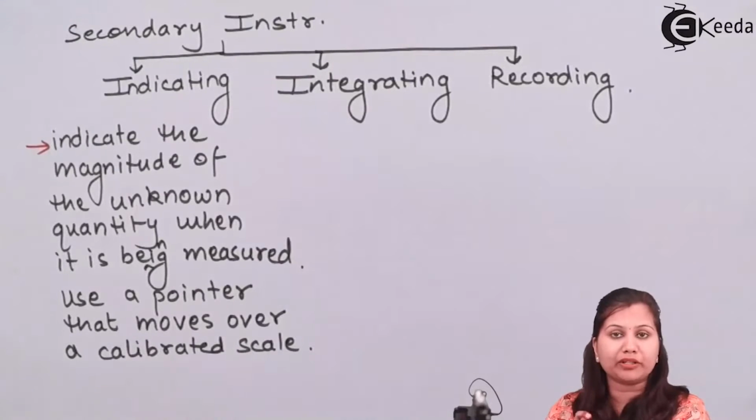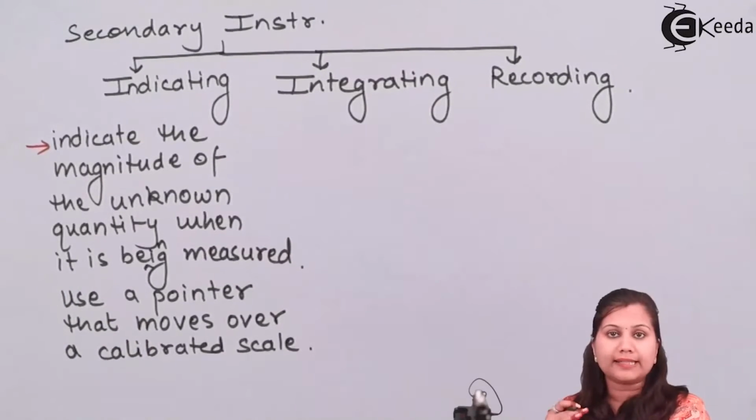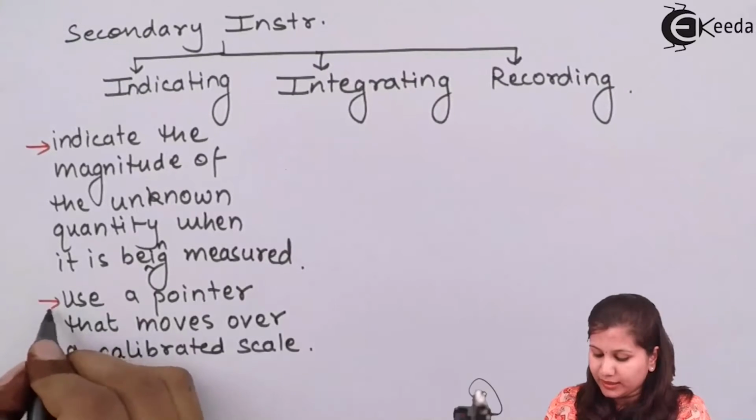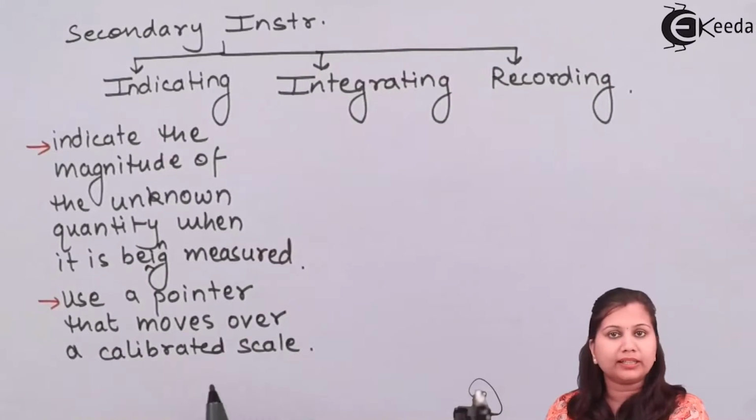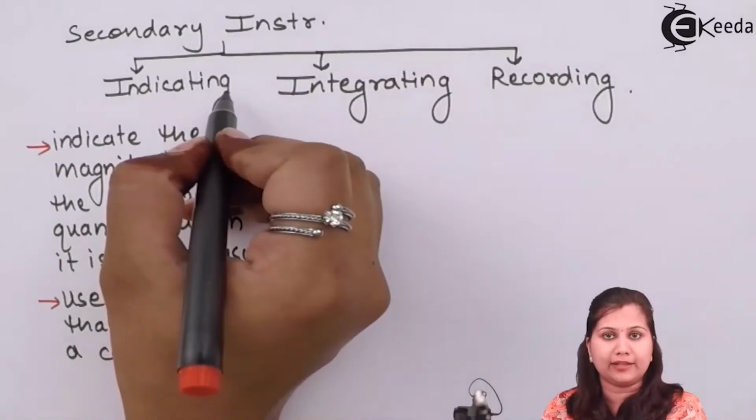At the time of measurement, the value is directly indicated on the scale, using a pointer that moves over a calibrated scale. So these types of instruments are called indicating instruments.